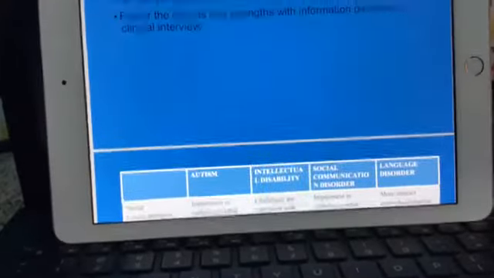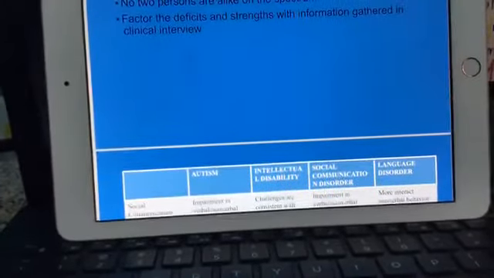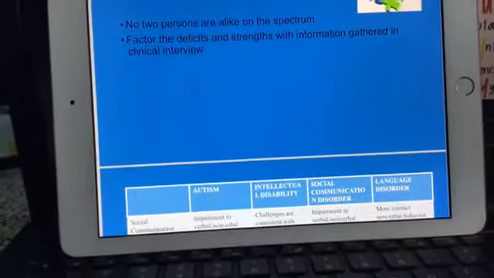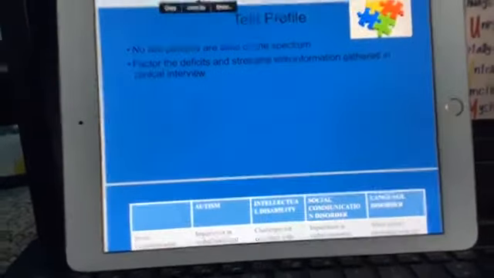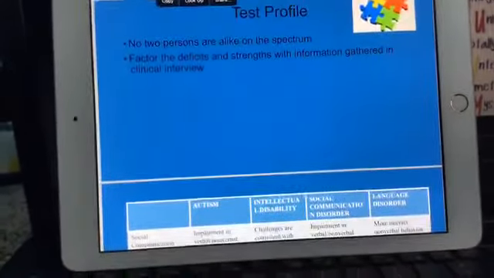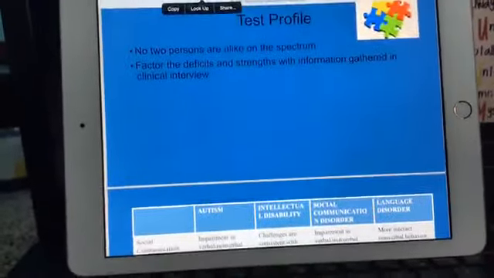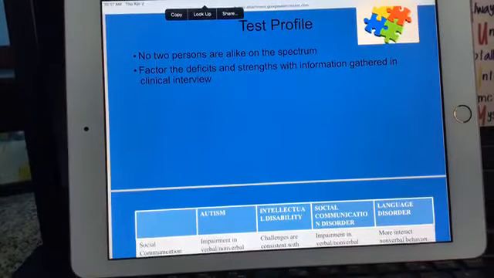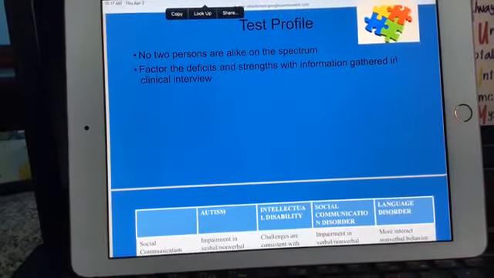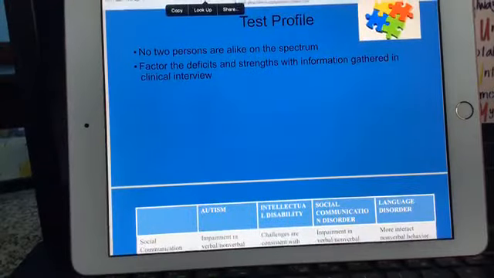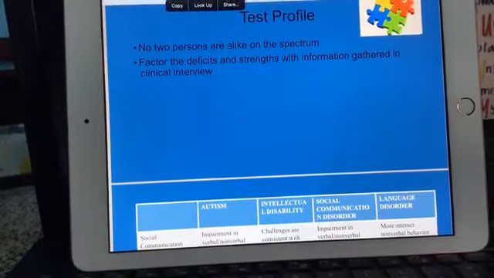So, the testing profile: no two children on the spectrum are alike. You could have two children that are autistic and you'll see different things in both of them. It's also important when you're doing an assessment that the aim is to understand the child's deficits and strengths, which is oftentimes gathered in the clinical interview.